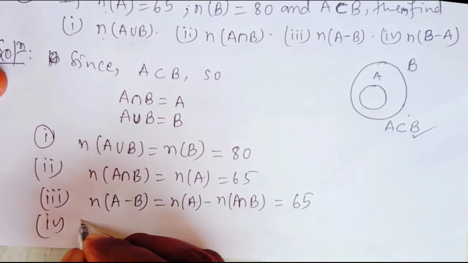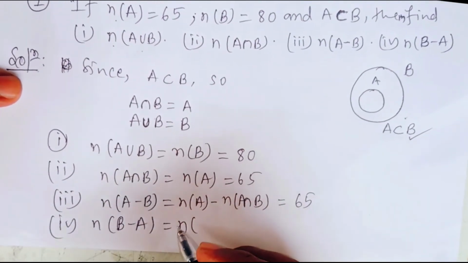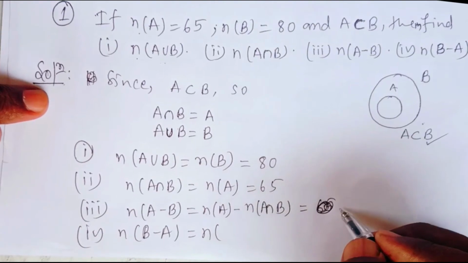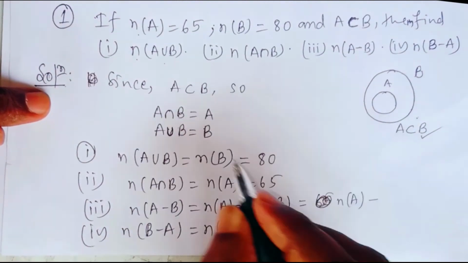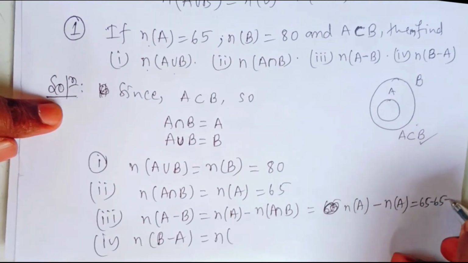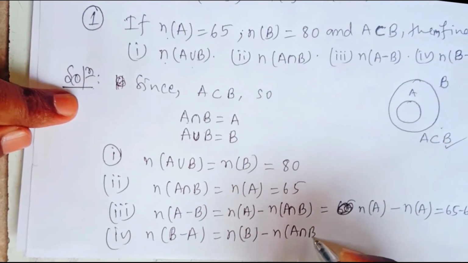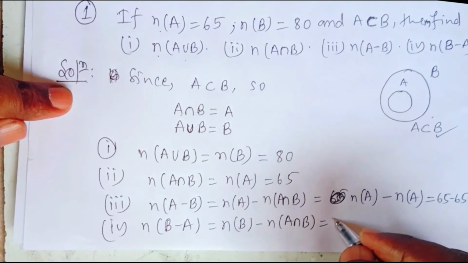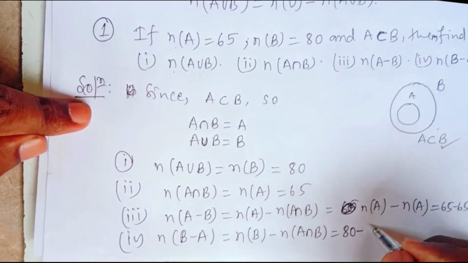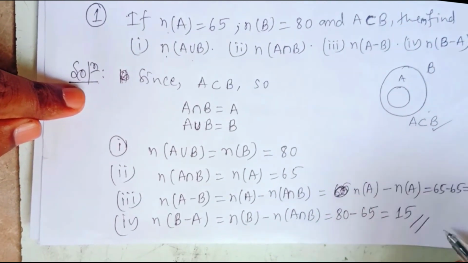The fourth one, n of B difference A, is equal to n of B minus n of A intersection B, that is 80 minus 65, which is equal to 15. So this is your solution.